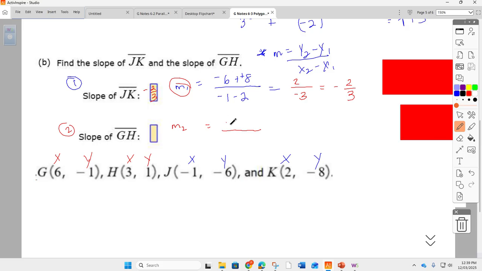And what's going to go in the bottom of my fraction, Dahlia? This was y minus y, so we need x minus x, right? We're on GH. Yes, 6 minus 3. So -1 minus 1, do that on your calculator. -2 over 6 minus 3 is 3.